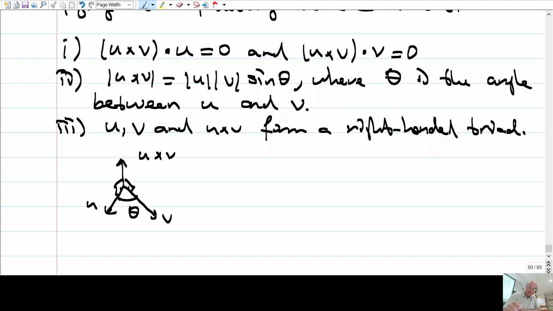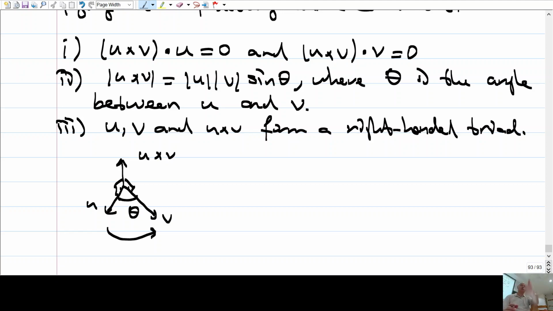This angle is theta here. Right-handed triad means you take your right hand and put it like this, so that your fingers go from the vector u towards the vector v.